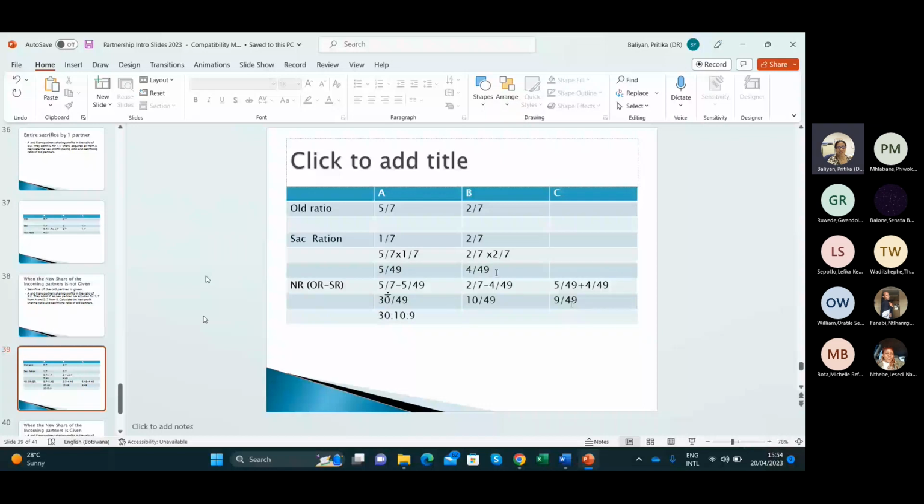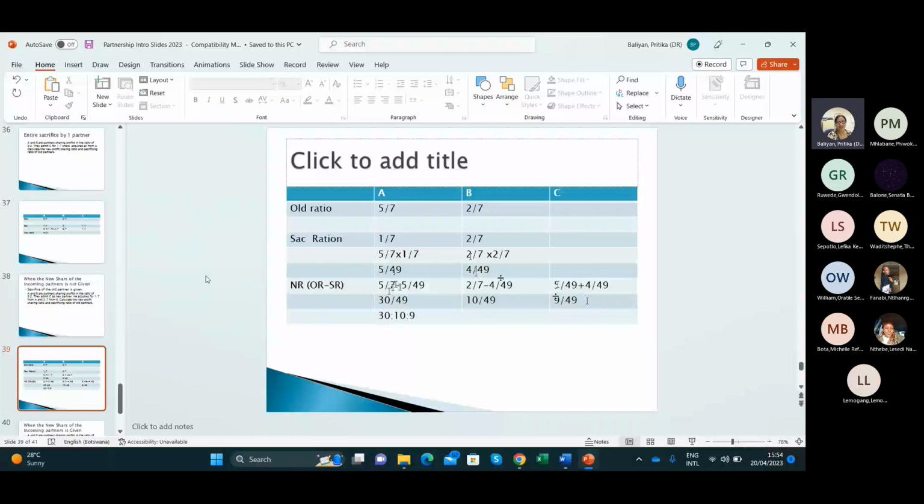So how much portion remains for A? Old portion minus the portion given to C. So 5/7 minus 5/49. Then you multiply to make the same denominator. 7 sevens are 49, so you multiply by 7. 7 times 5, 35/49 minus 5/49.